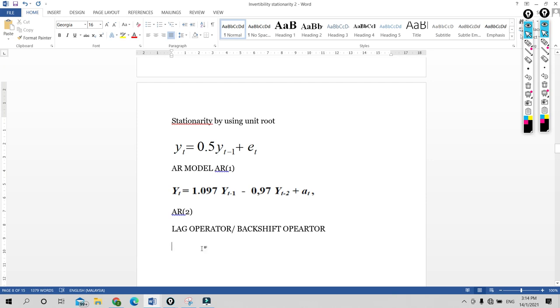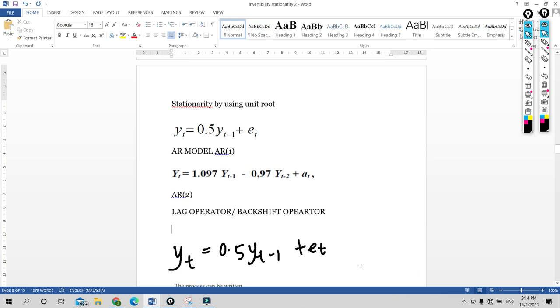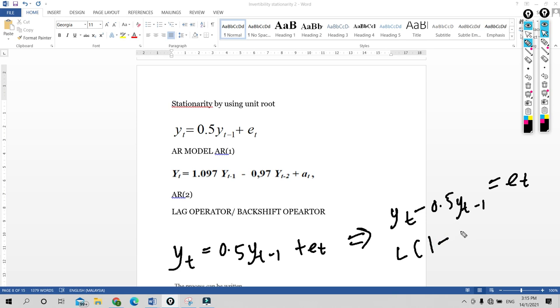The equation is simple. y_t equals 0.5 y_{t-1} plus epsilon_t can be written with the lag operator as y_t minus 0.5 y_{t-1} equals epsilon_t, which becomes (1 minus 0.5 L) y_t equals epsilon_t.